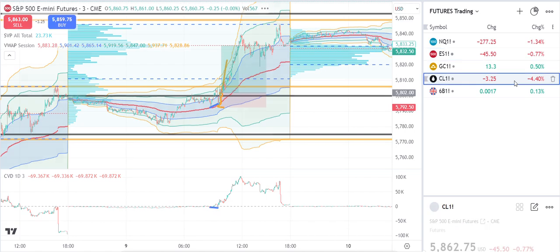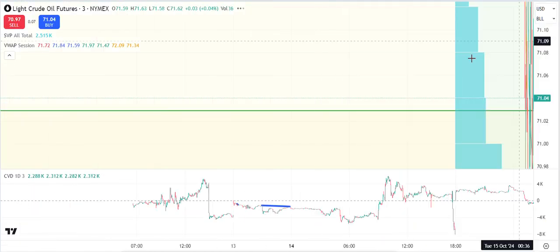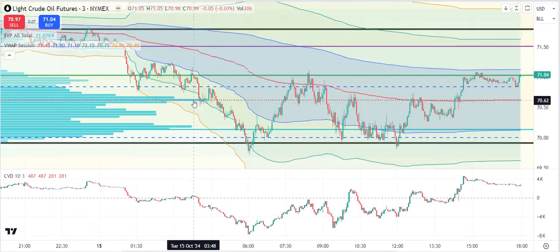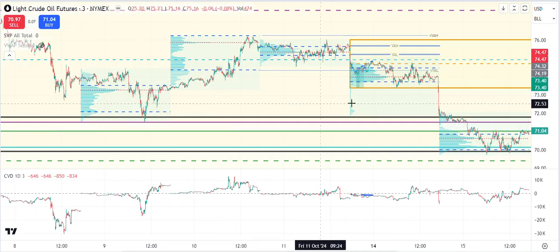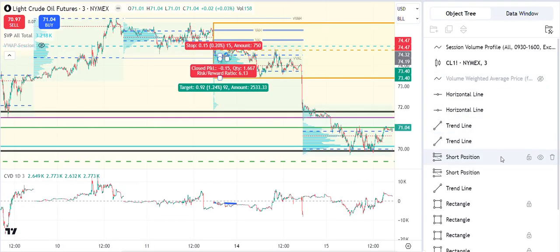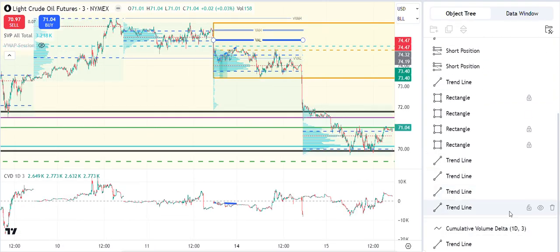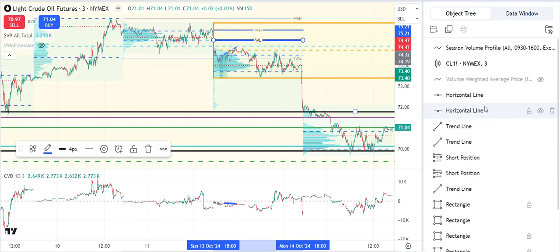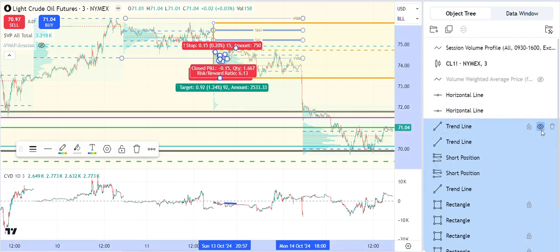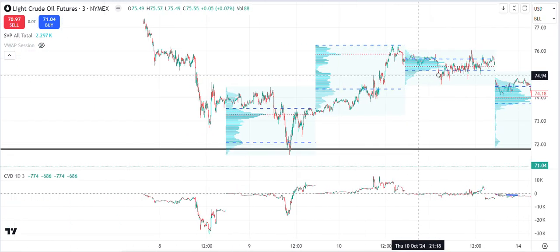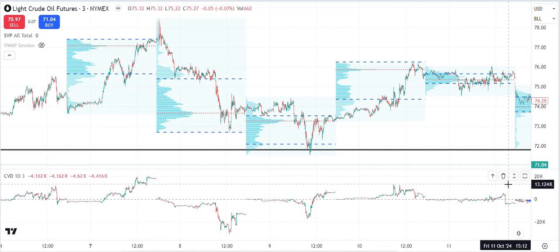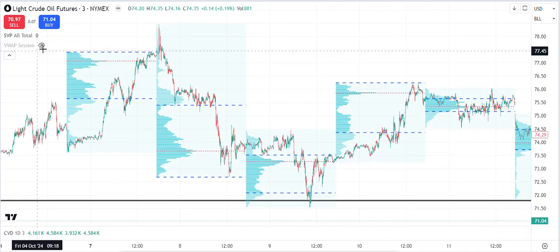And now the other thing I wanted to show was this crude oil. It's going to reset the chart. Let's hide everything else. The chart is clean. I'm going to show you guys something else that's really interesting.